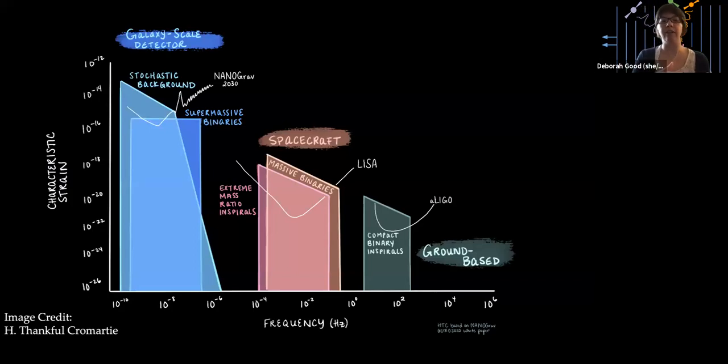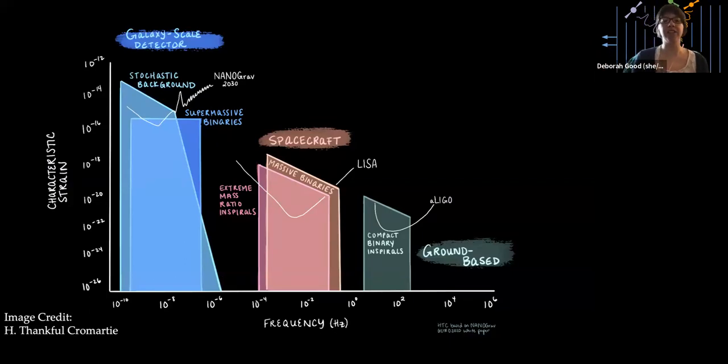In the middle, we look forward to the era of LISA, space-based interferometry, where you'll have arm lengths about the size of the Earth, in contrast to LIGO's couple of kilometer arm lengths. And here you'll be finding much bigger binaries, potentially supermassive black hole binaries, and also extreme mass ratio inspirals, where something stellar mass is going into something supermassive.